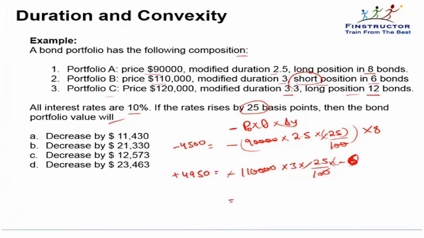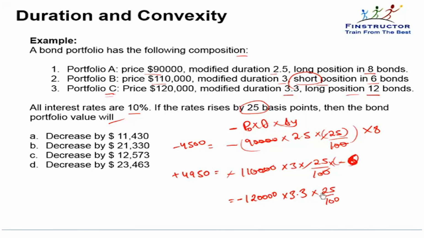In the last portfolio, that is portfolio C, the price is $120,000 multiplied by a modified duration of 3.3 multiplied by an increase in yield of 25 bips, that is 0.25%.